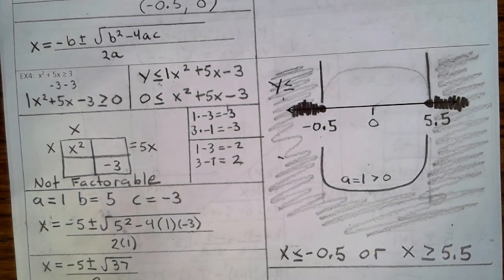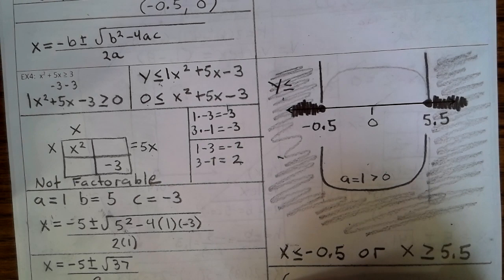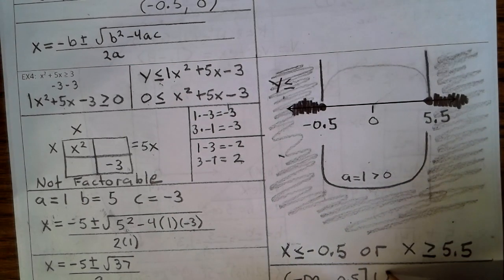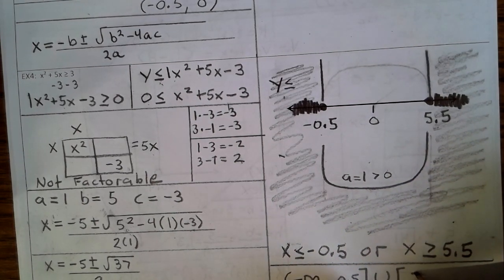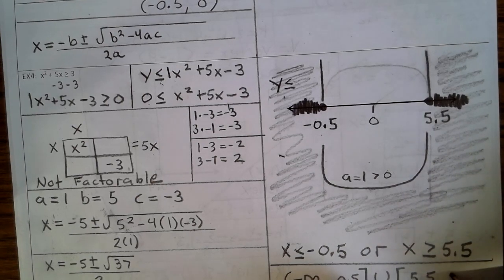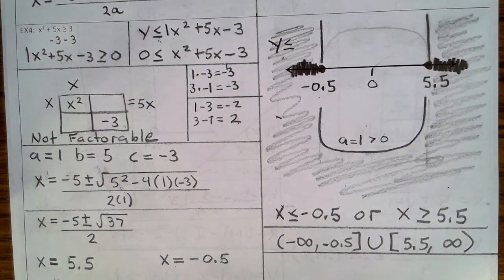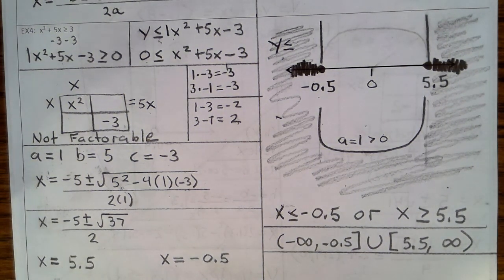Okay, now in interval notation, that would be negative infinity to negative 0.5 bracket, or bracket 5.5 to infinity. Okay, go ahead and finish up your examples and start working on your assignment, and have a wonderful Wildcat day.